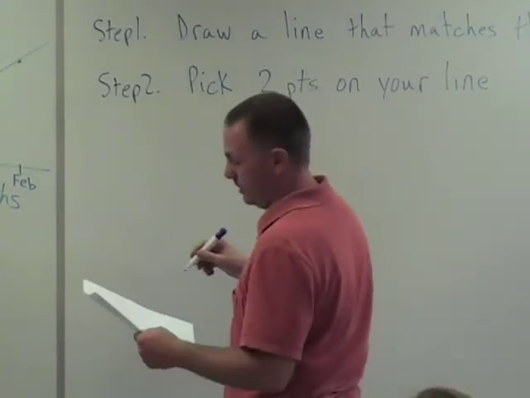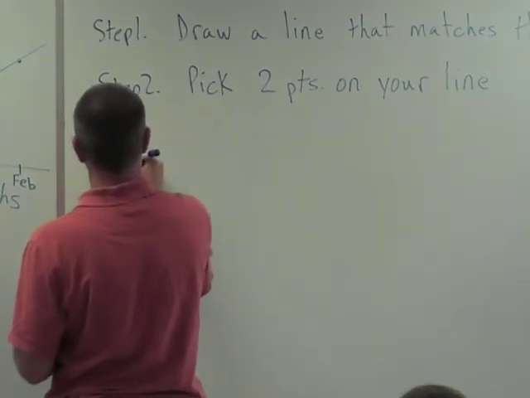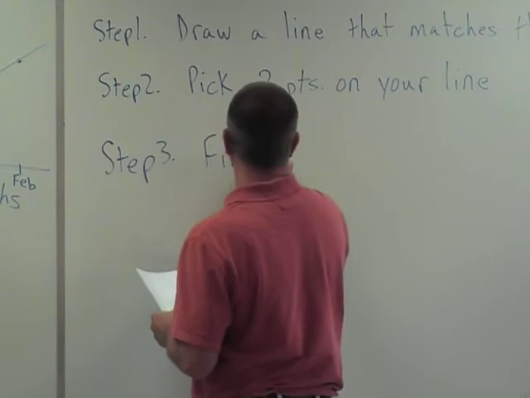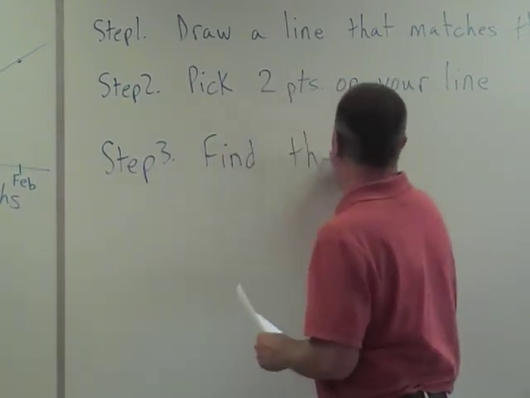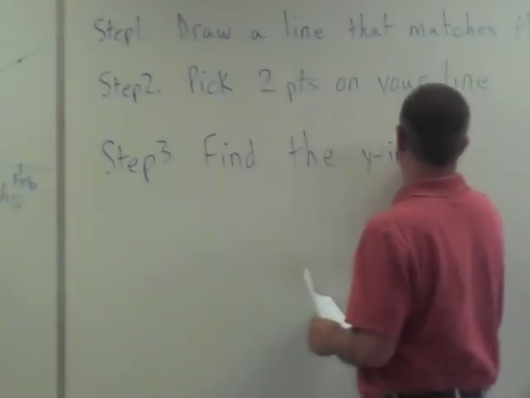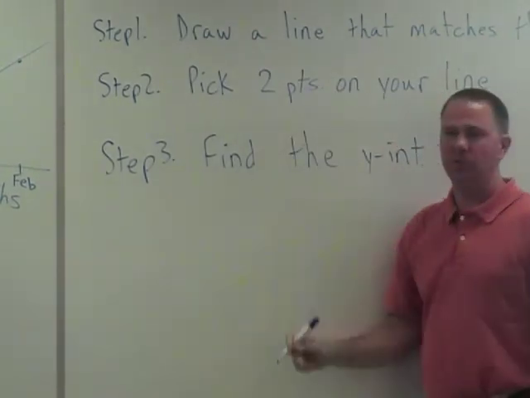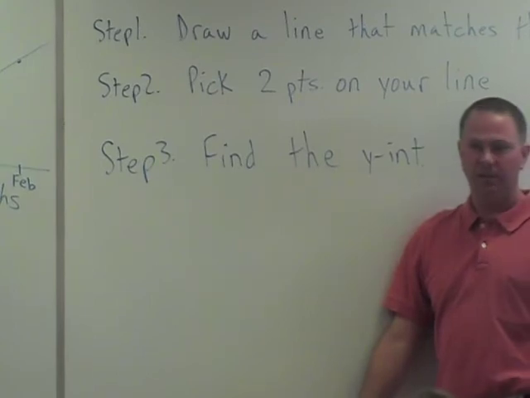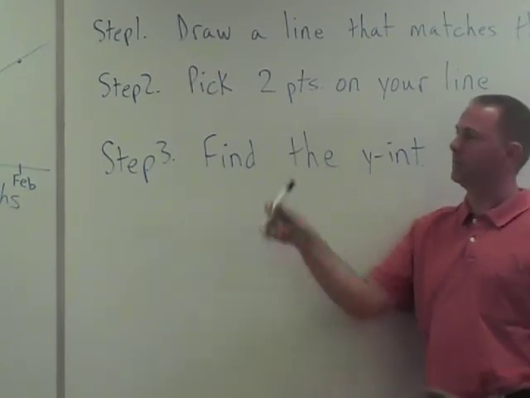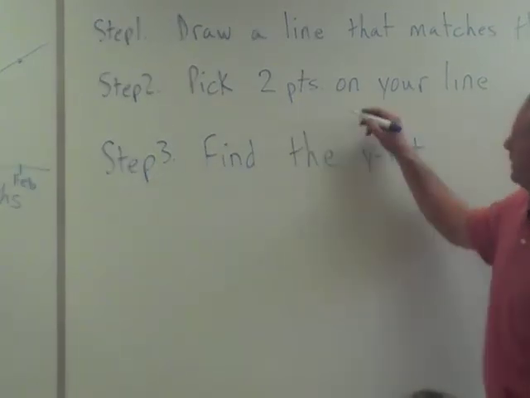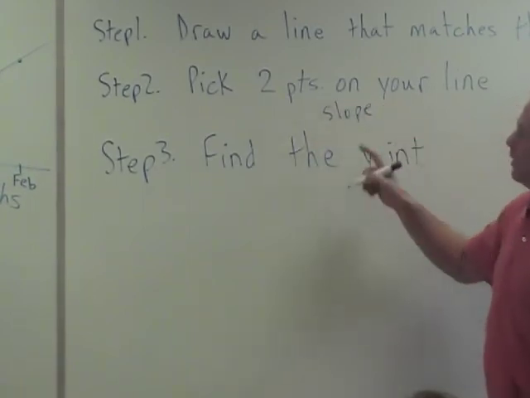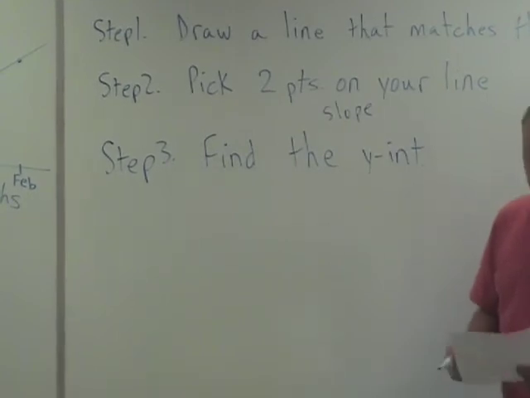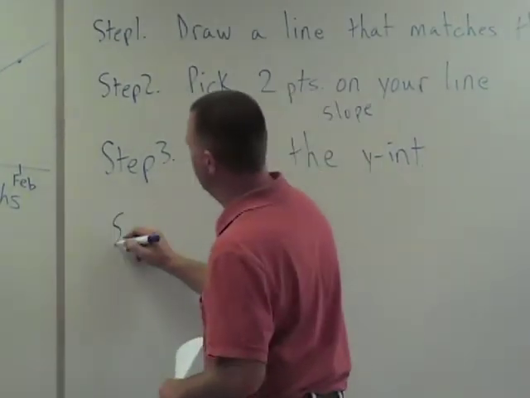Step 3, find the y-intercept. So what happened between step 2 and step 3? You found the slope, so that's implied at that point. So you're finding slope here, you're writing your equation, and then you find the intercept. And then step 4 is write your equation.